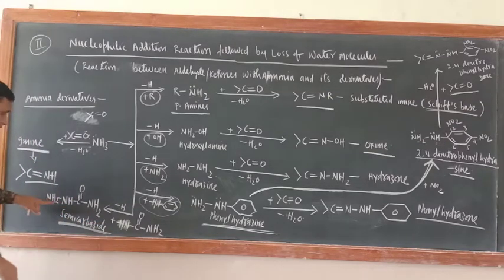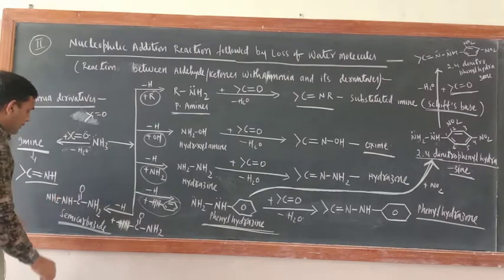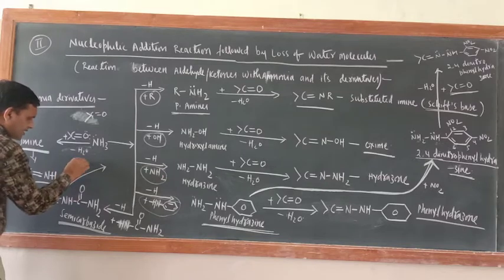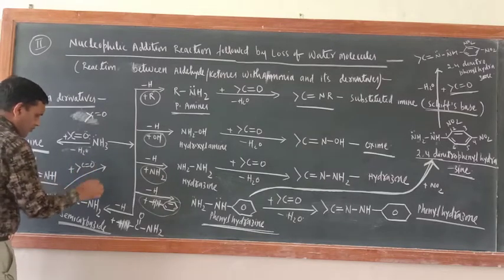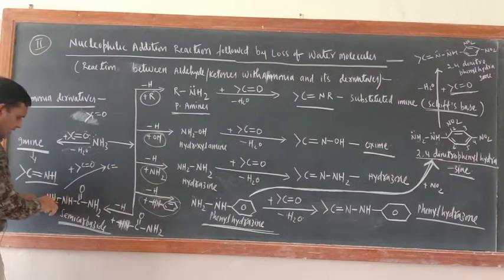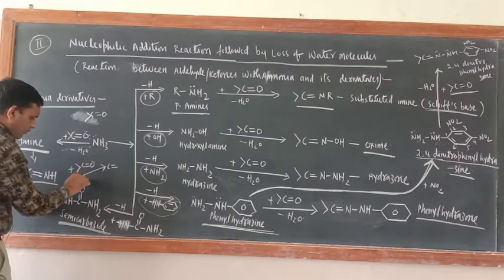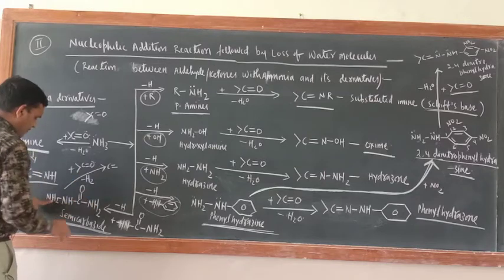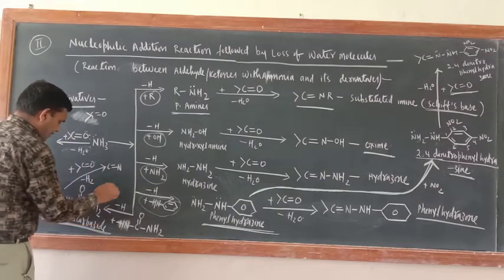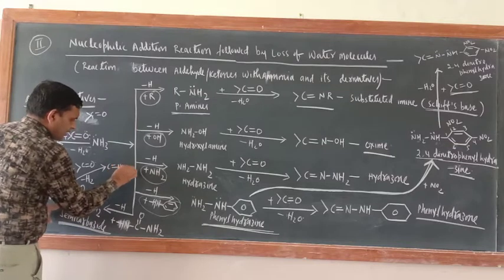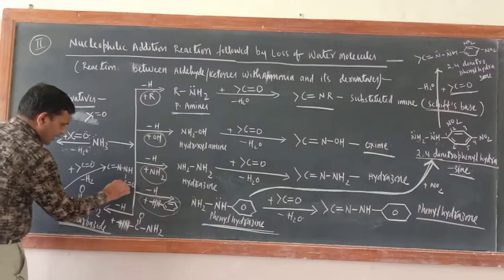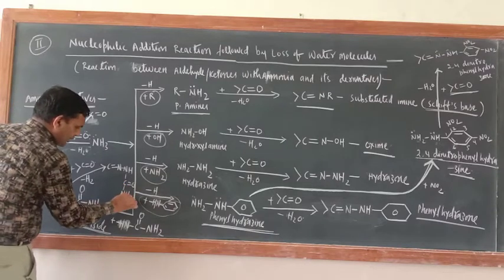When it reacts with aldehydes and ketones, the product name is, just see, plus C double bond O. So the product would be C double bond N, with one H of H2 of this one and O leaving as H2O. So the product will be C double bond N, NH, C double bond O, and NH2. What is the name of this product?